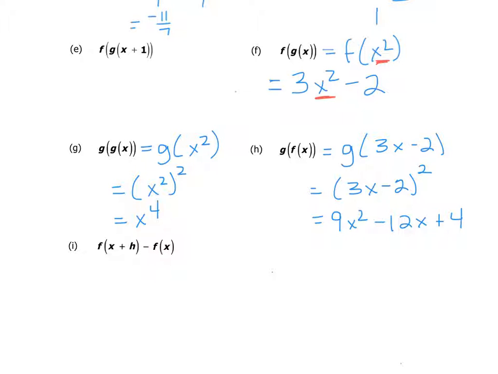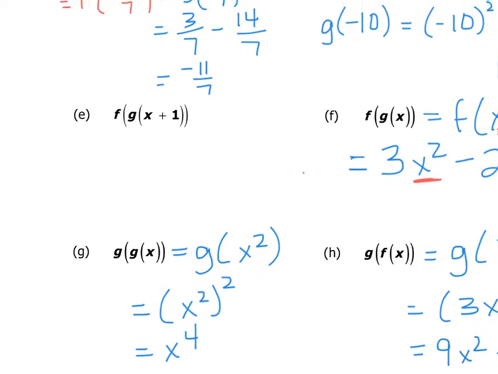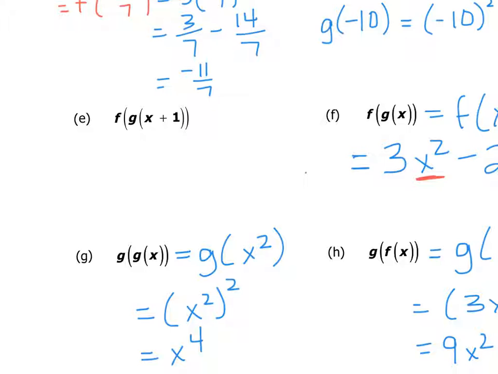Now let's go back here for a second, and I feel like I'm going to need some more room to work on this one. Let's go back here to e. We've got f of g of x plus 1. So first of all, we need to find g of x plus 1.